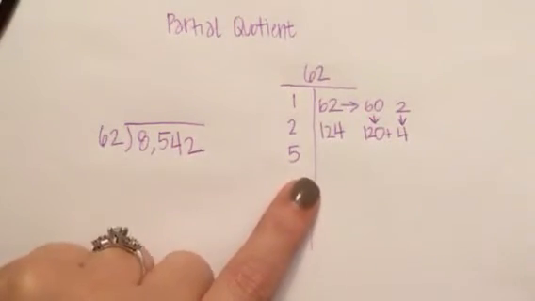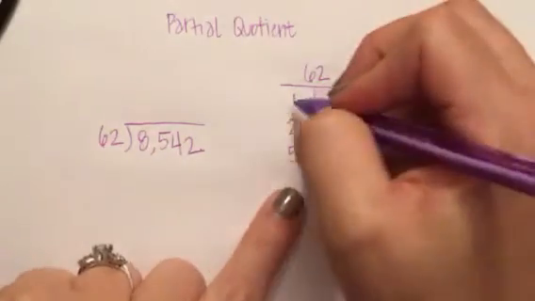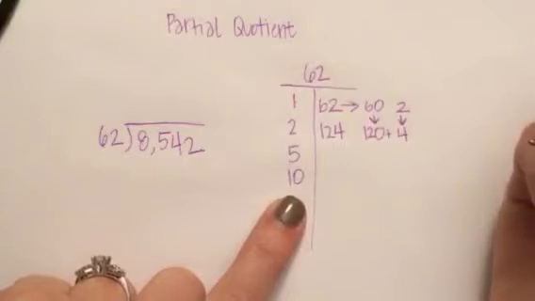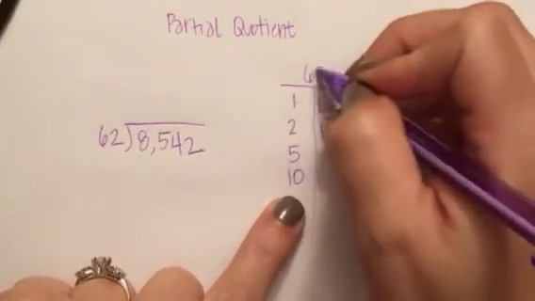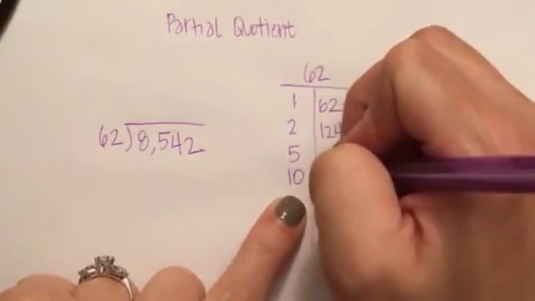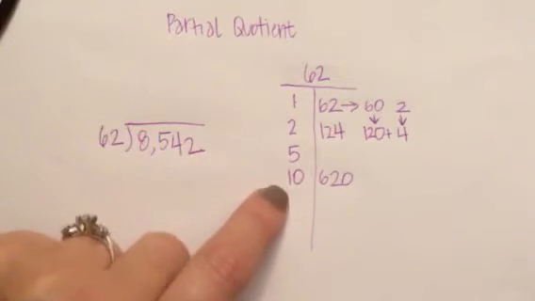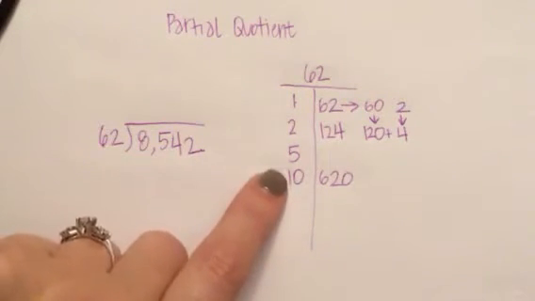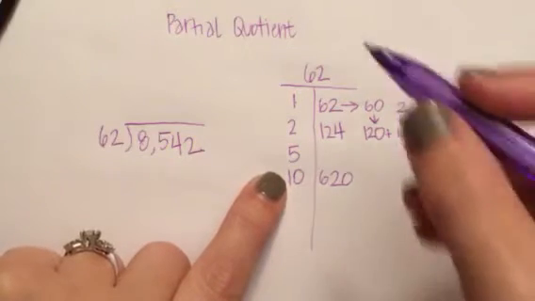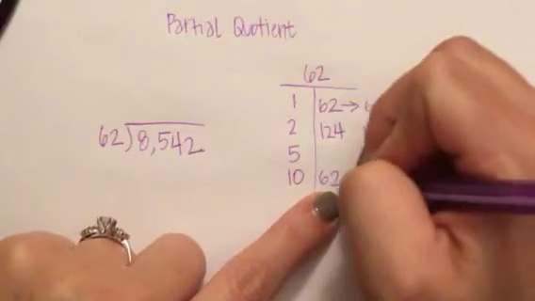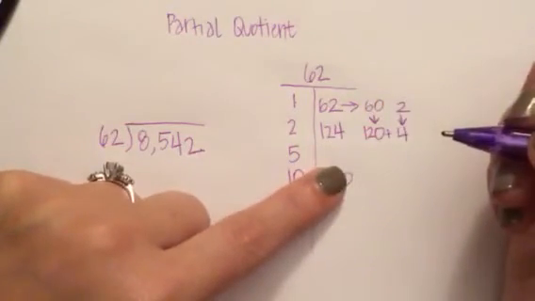Again, I don't know what 5 times 62 is, but my multiple of 1, I'm going to go up to 10 because that's just 1 times 62 with a 0 at the end, so 620. And I know that the relationship between 5 and 10 is that 5 is half of 10. So if I take half of how many are in 10 groups, that's going to tell me how many are in 5 groups.